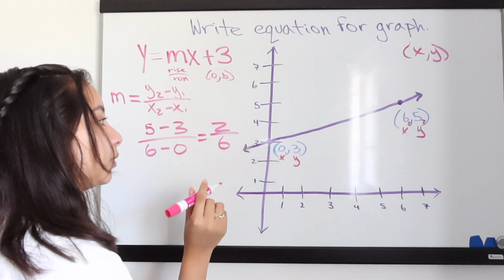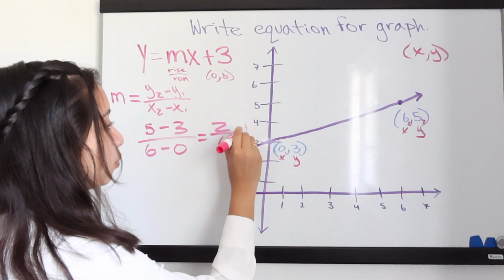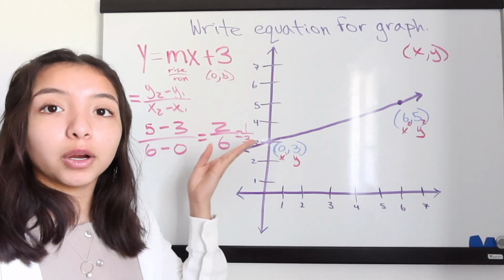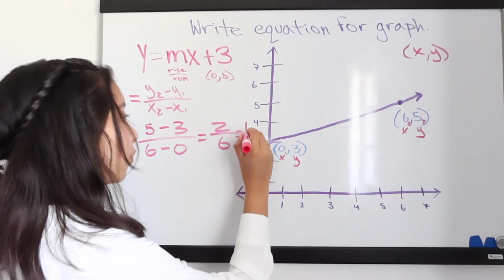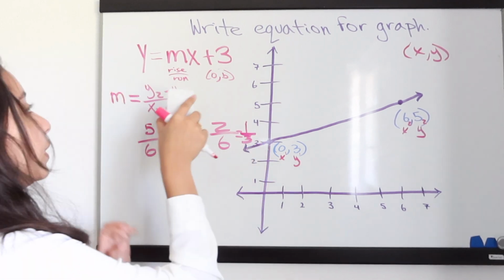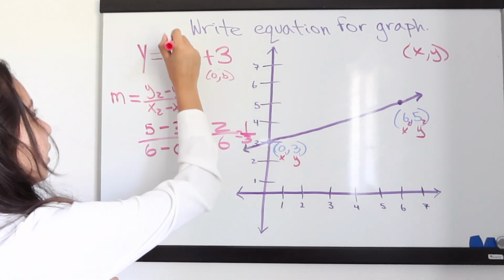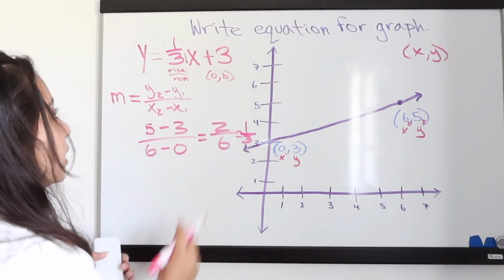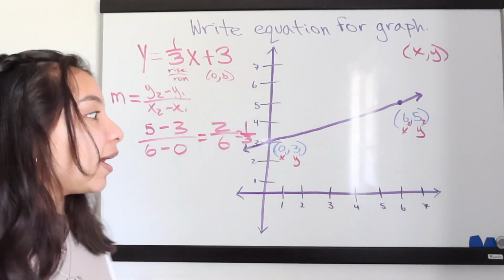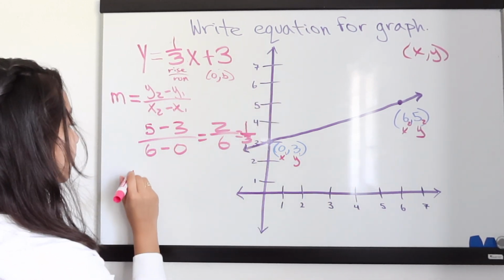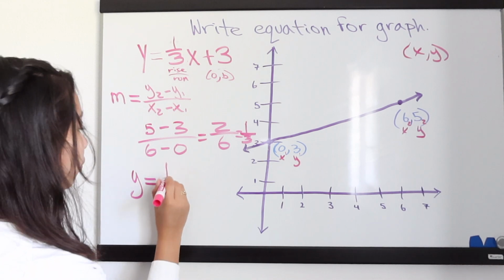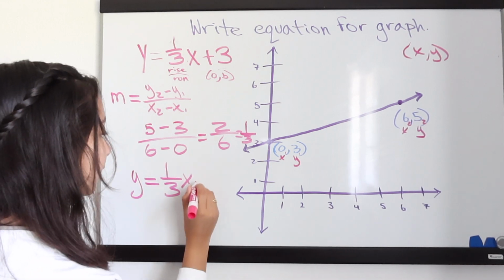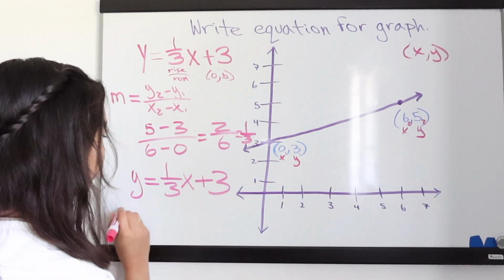And then we can simplify, which will turn into 1 over 3. So our slope is 1 over 3. We can now erase this m and write 1 over 3 as our slope. So based on the graph, our final equation is y equals 1/3 x plus 3.